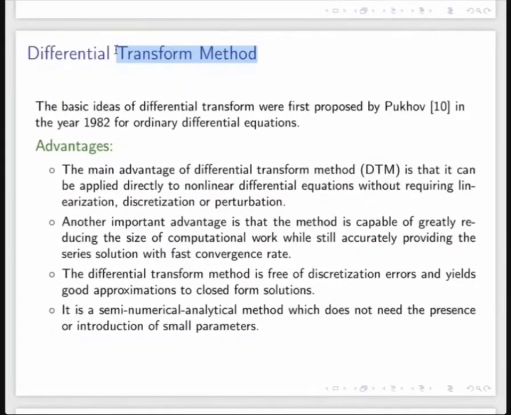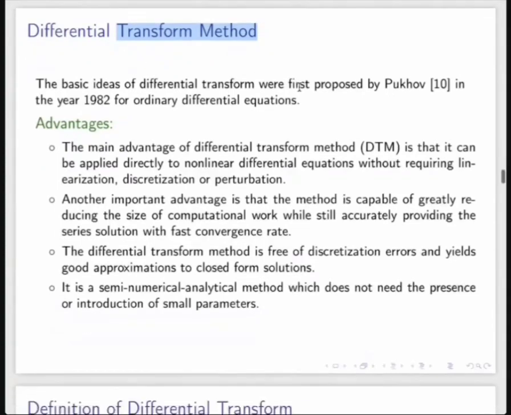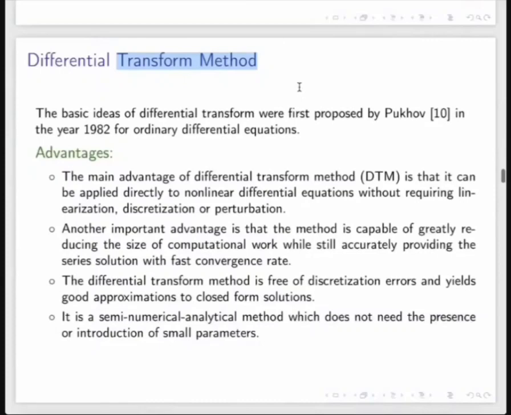Any transform method has been devised in such a way that it converts a difficult problem into an easier one. So differential transform belongs to one of those categories of transform methods.